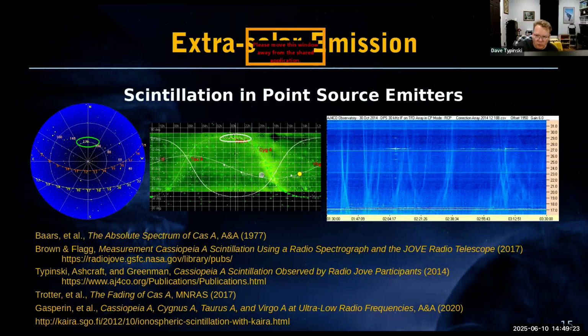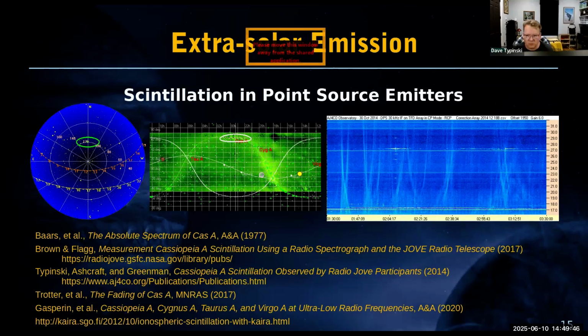You end up with these curved lines and shadows in the spectrogram that you see on the right. This was with an 8-element array aimed northward at Cas A. You can see in the middle figure, from Radio Eyes, the antenna beam, that oval in the right, centered on Cas A.